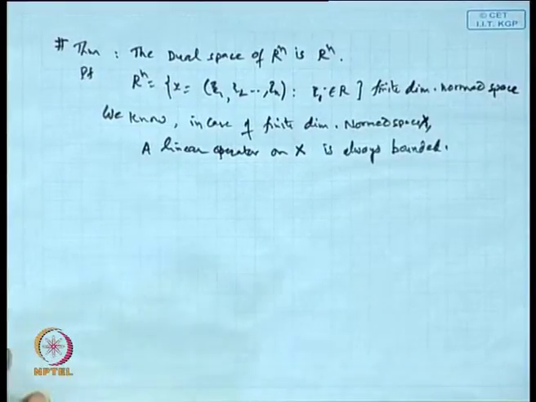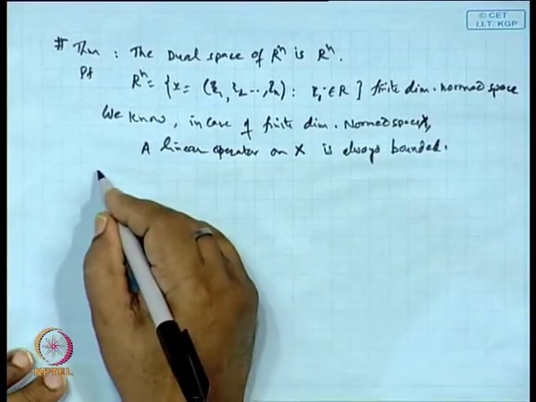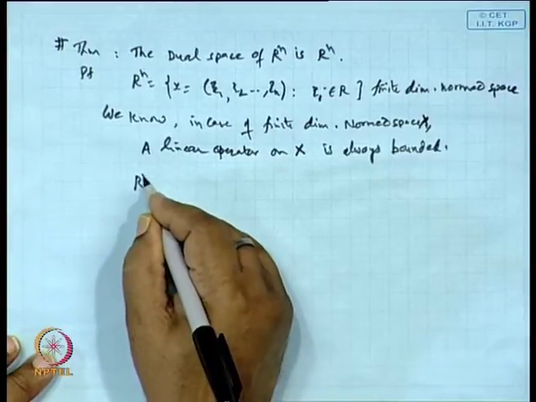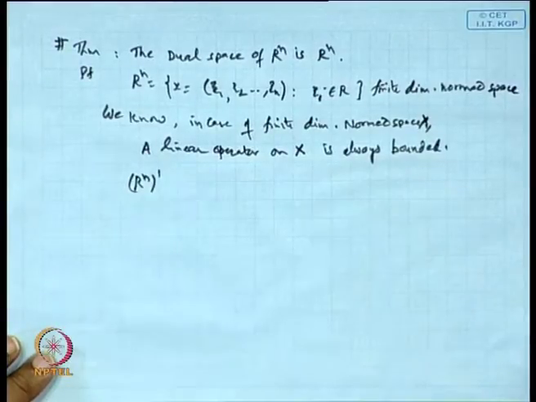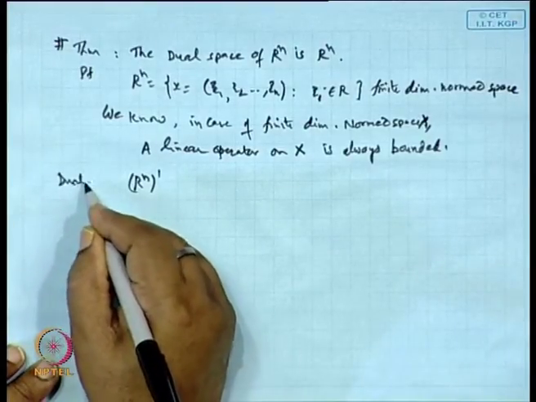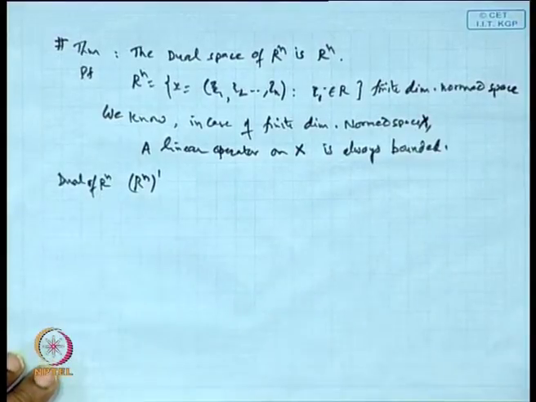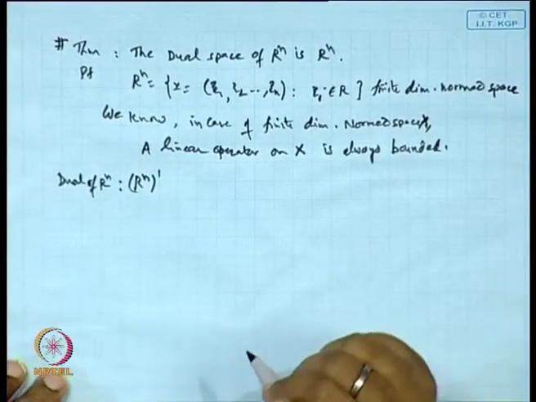Is always bounded. Okay, so if we take the dual of R n, that is R n dash. What is this?